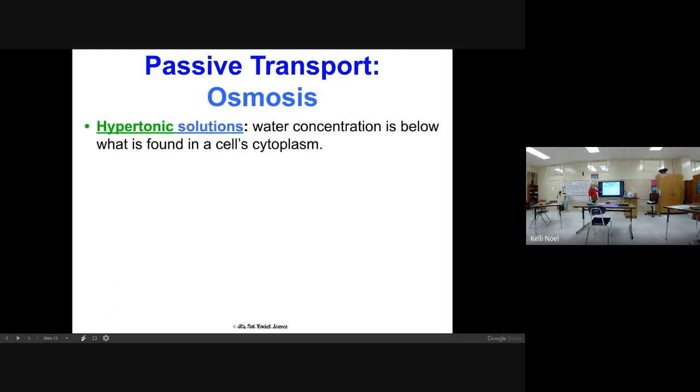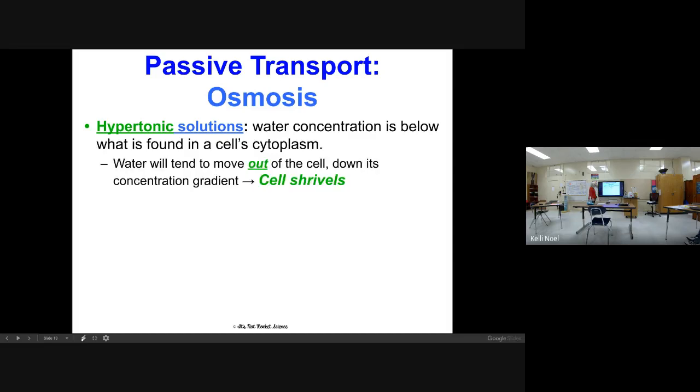All right, so osmosis is a little more complicated because we're looking at the solution of the substance. When we are looking at the solution, we're looking at the amount of solute that's in that solution.